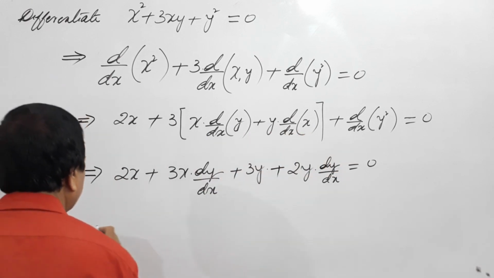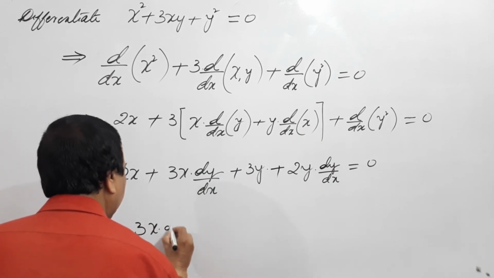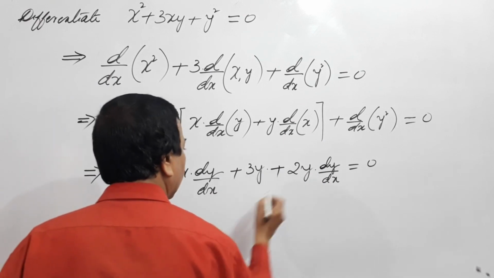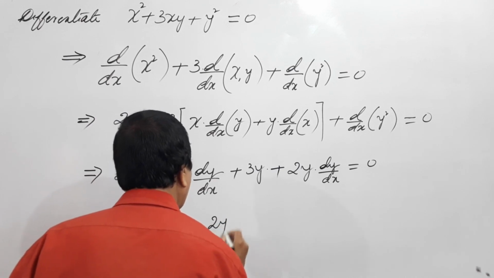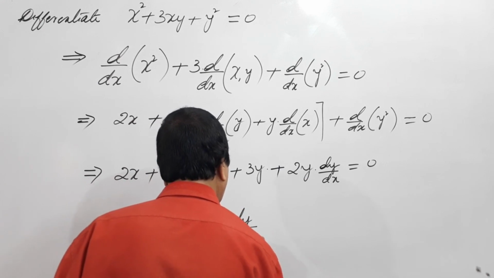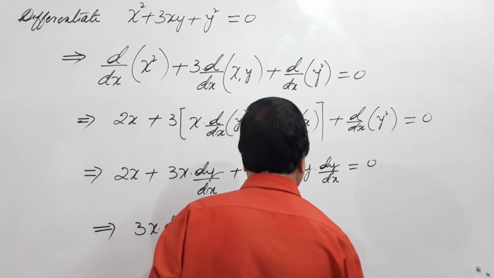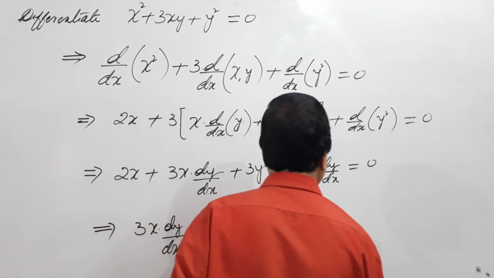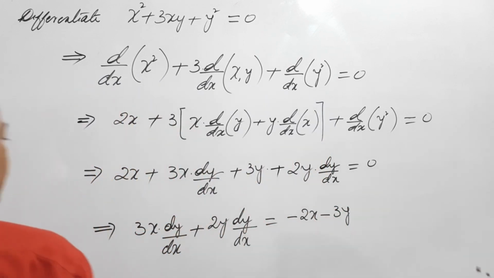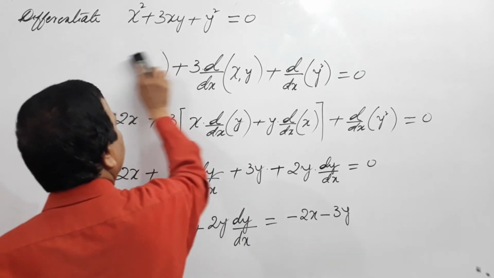So that is 3x into dy by dx plus 2y into dy by dx equals to, when this goes there it becomes minus 2x and this becomes minus 3y. I rub this first two steps.